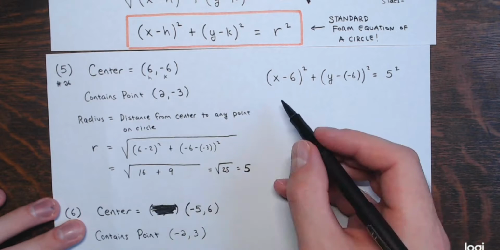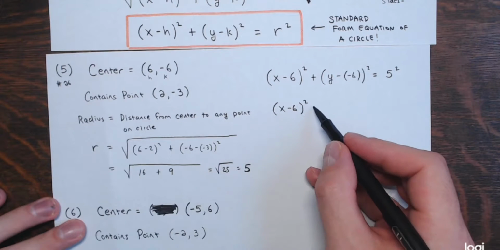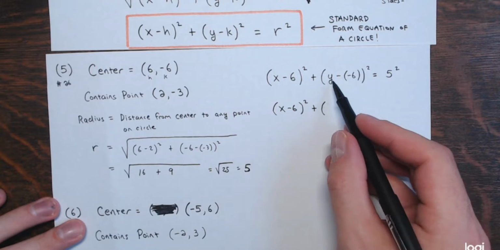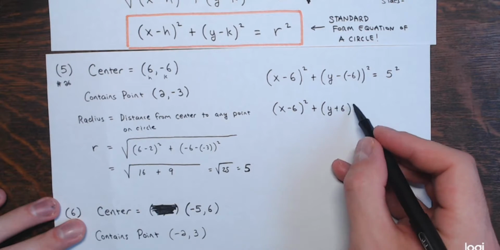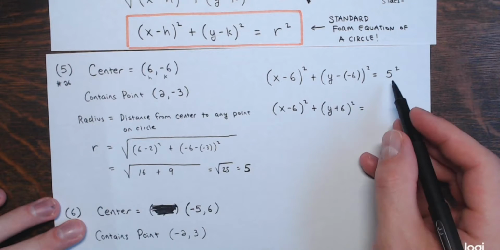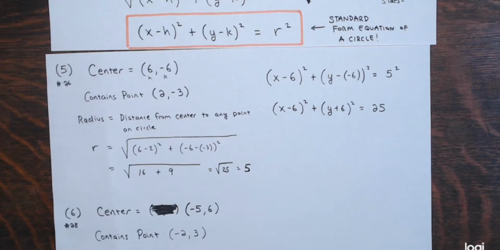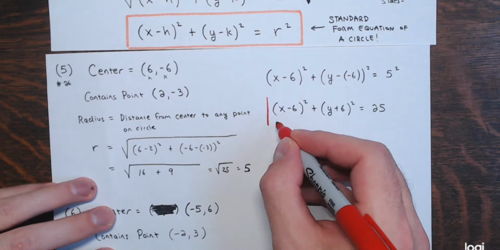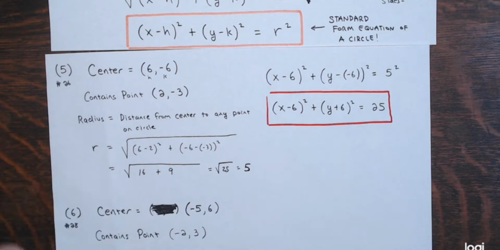And then we simplify. There's x minus 6 squared plus, and then y minus negative 6 is y plus 6 squared equals, and then 5 squared is 25. And there we go. There's the equation of the circle they described in standard form.